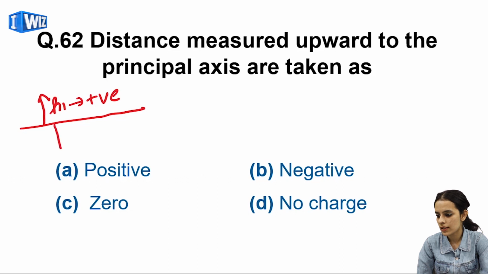Downwards will be taken as negative, and you know in case of downwards a real and inverted image is formed if an object is placed in front, and if an image is also formed at front and also inverted, so we will take it as negative. Height upwards will always be taken as positive. So which is the right option? Positive.